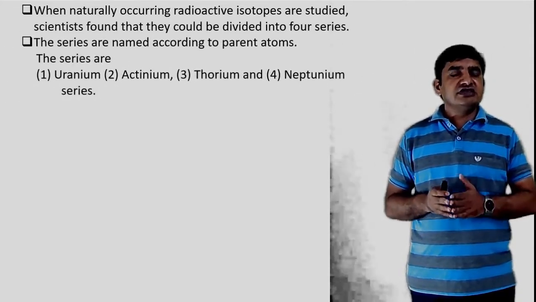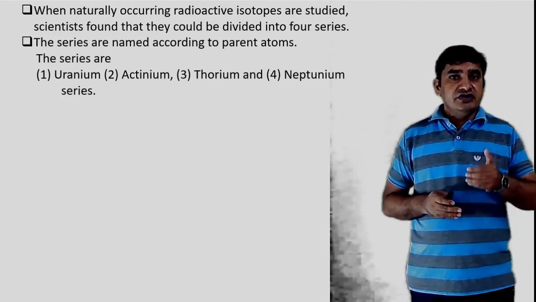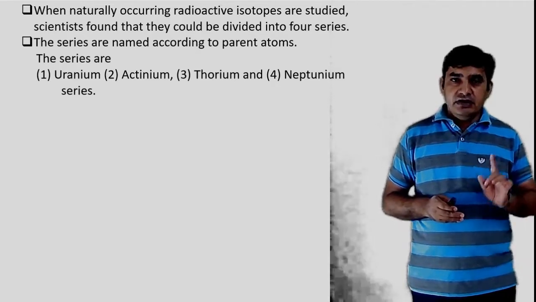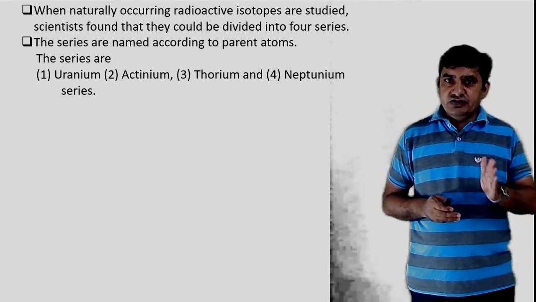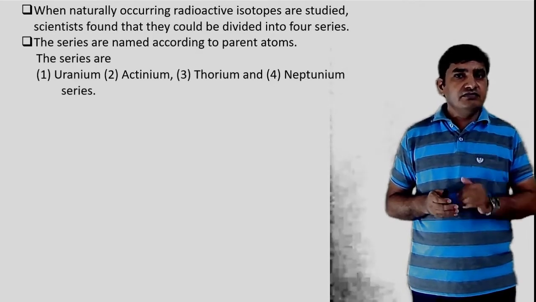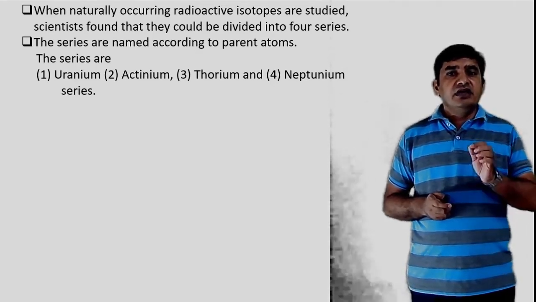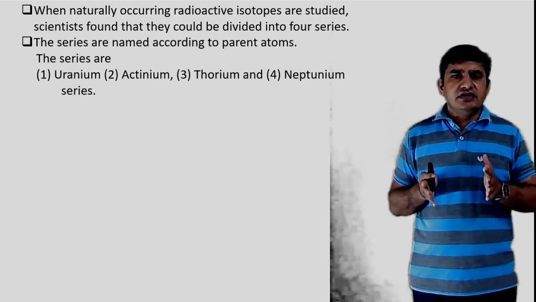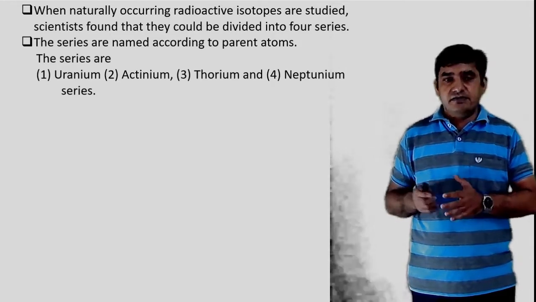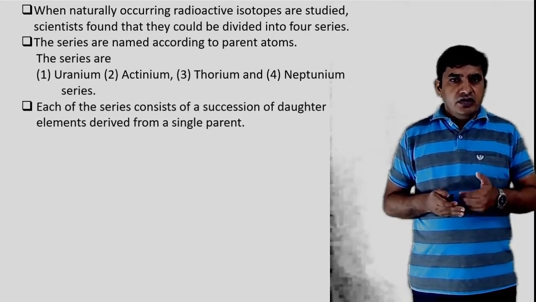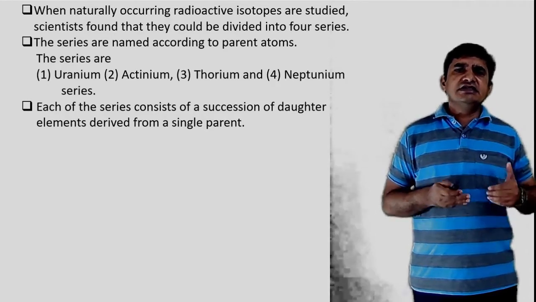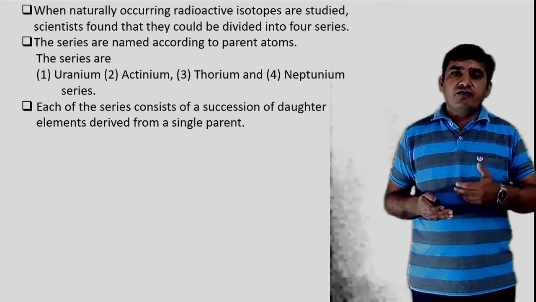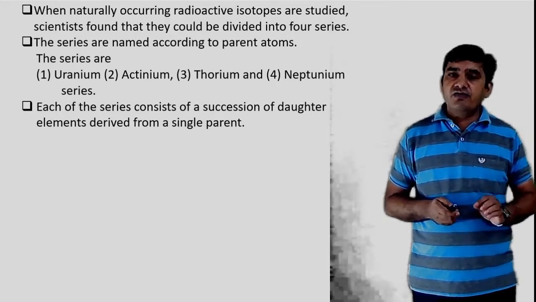The series are named according to their parent atom: uranium, actinium, thorium, and neptunium. Each series consists of a succession of daughter elements derived from a single parent.